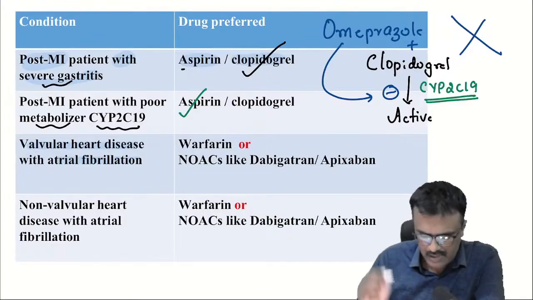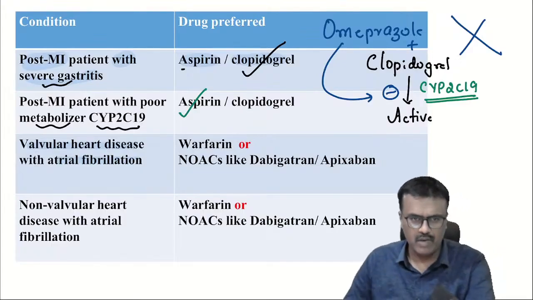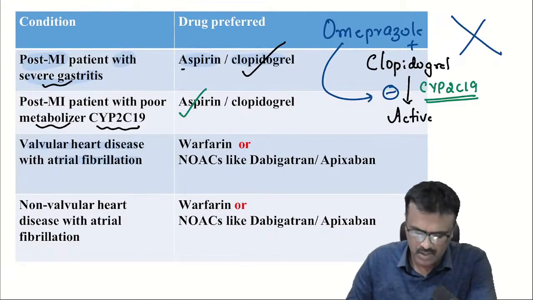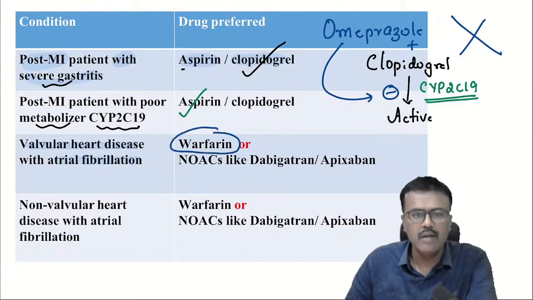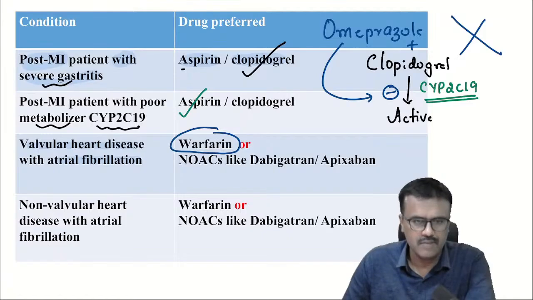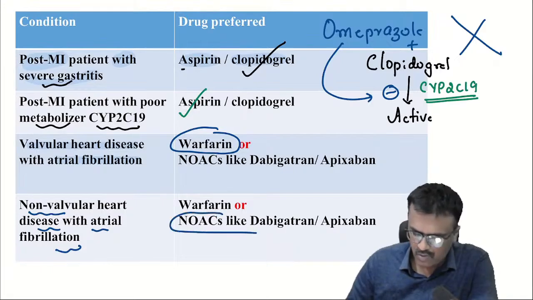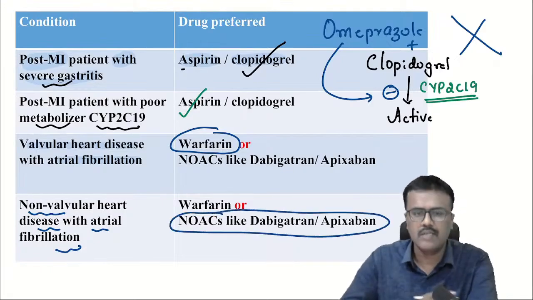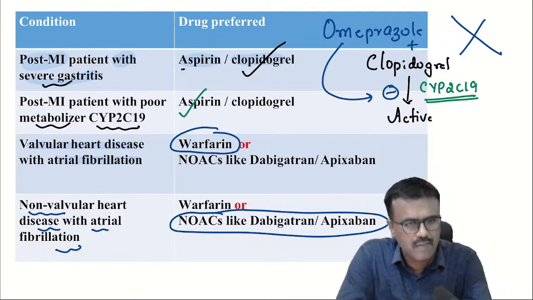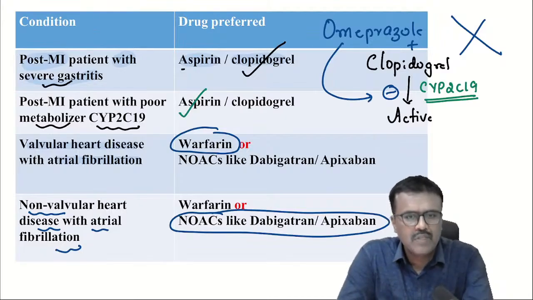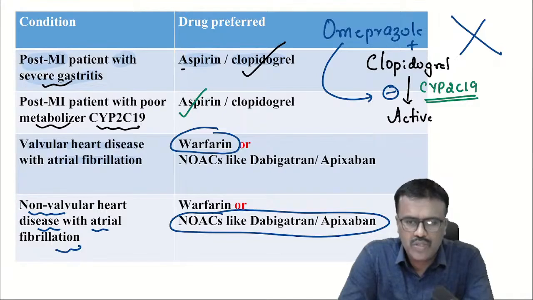We took this case. Will you prefer warfarin or NOACs? I'll prefer warfarin if there is valvular heart disease. Same, non-valvular heart disease with atrial fibrillation, I will prefer NOACs, that is dabigatran or anything ending with xaban. So this is how you need to choose in your exams. This is how the questions would be asked.